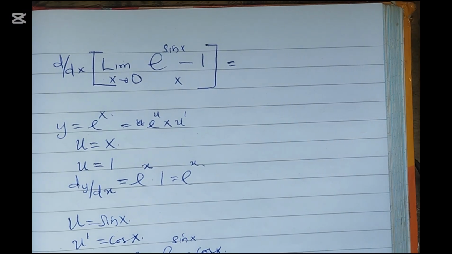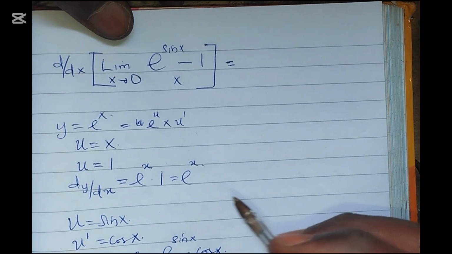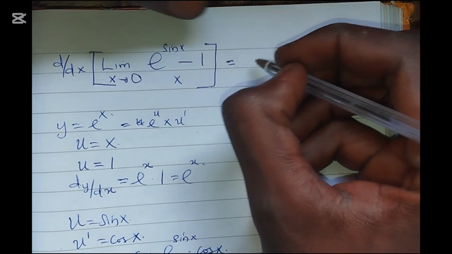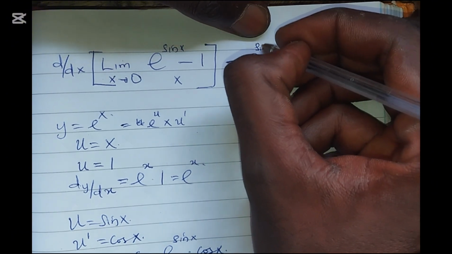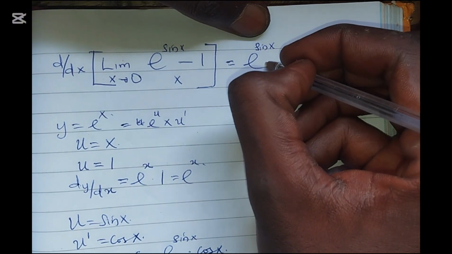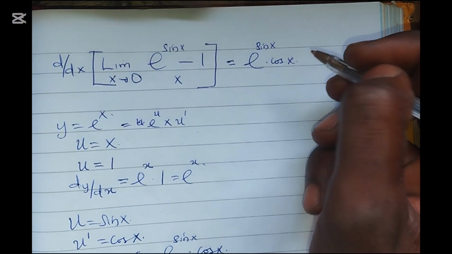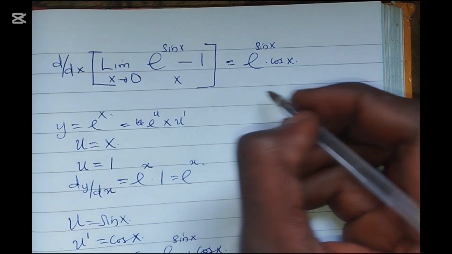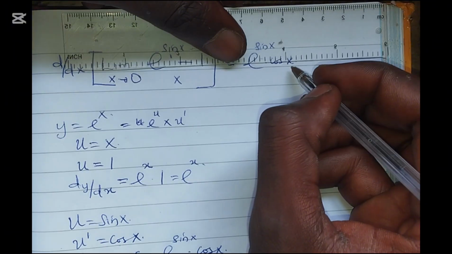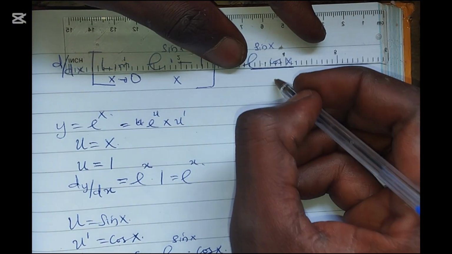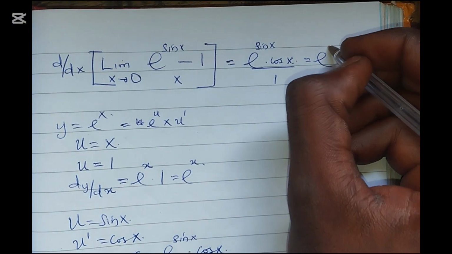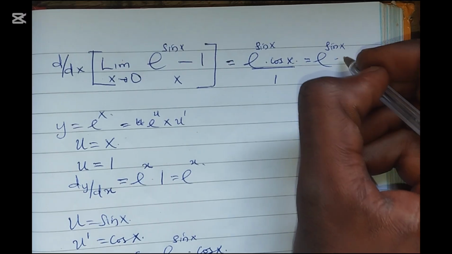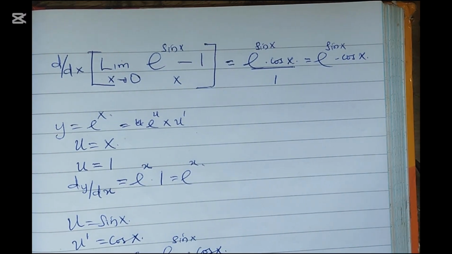So when we differentiate e to the sine x, we get e to the sine x multiplied by cosine x. Now 1 goes to 0, and x goes to 1, so this is all over 1, which is still e to the sine x multiplied by cosine x.